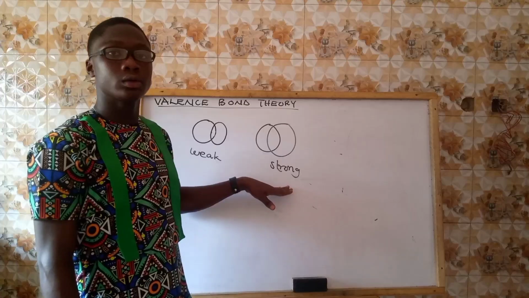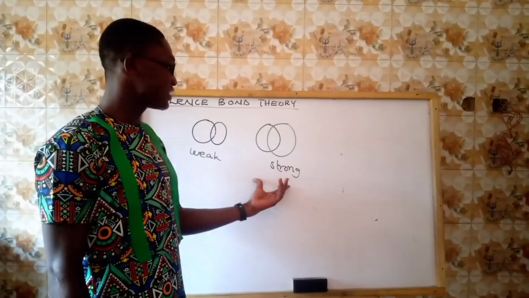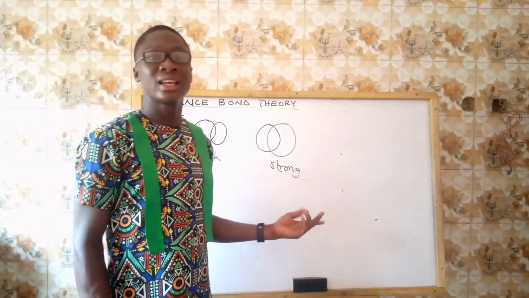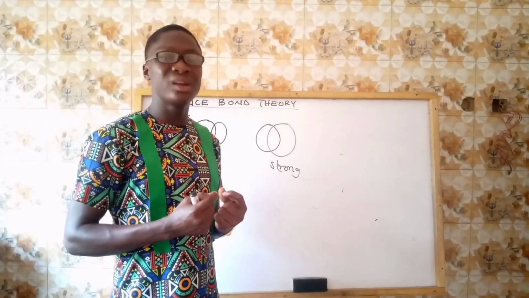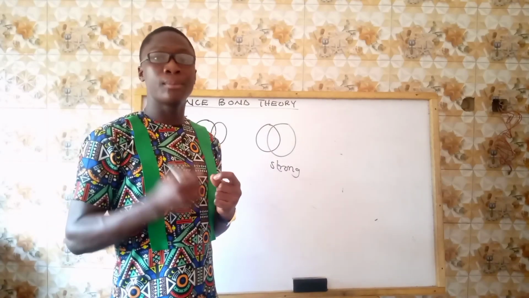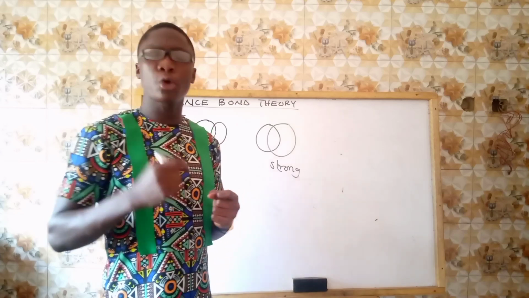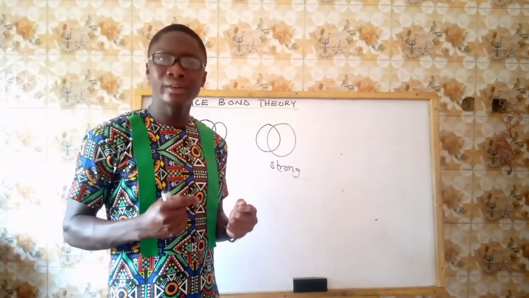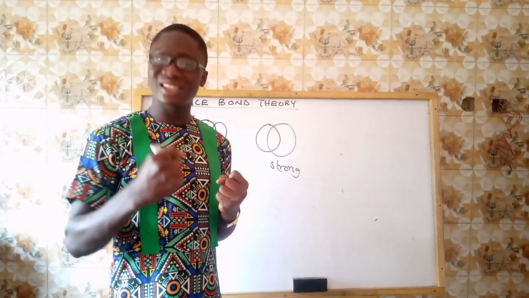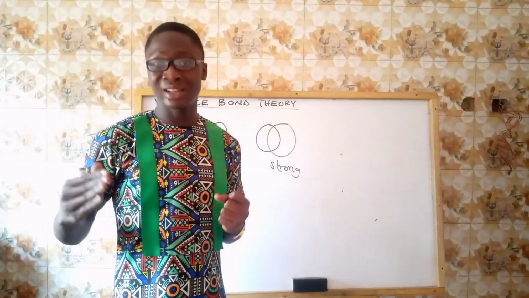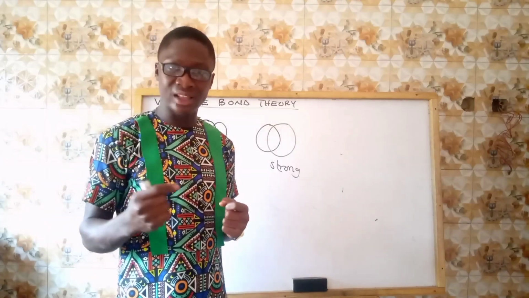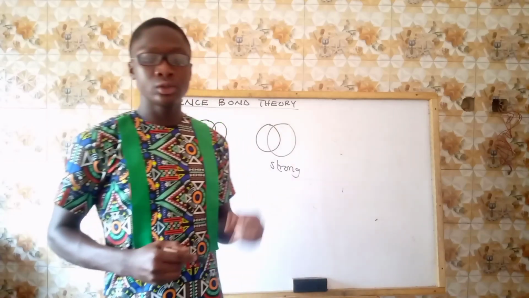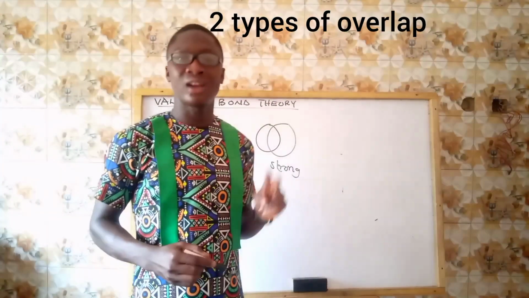If the bond is strong, then the bond length will be very small, and the bond energy, which is the energy required to break the bond, will be very high, because if the bond is very strong, it will require much energy to break, and that energy is called the bond energy.